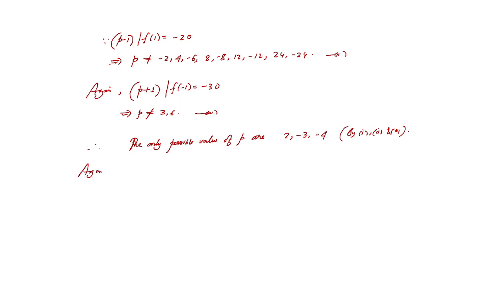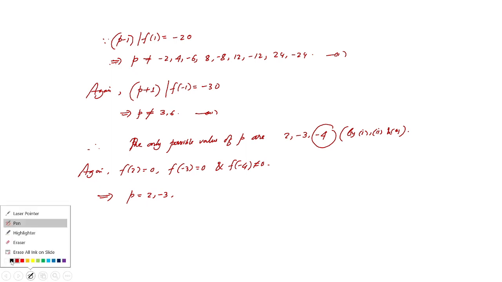Again, we just check: f of 2 equals 0, f of minus 3 is also 0, but f of minus 4 is non-zero. So the possibilities of p are 2 and minus 3. Minus 4 is discarded because it is not a root. So these are the two integer roots.